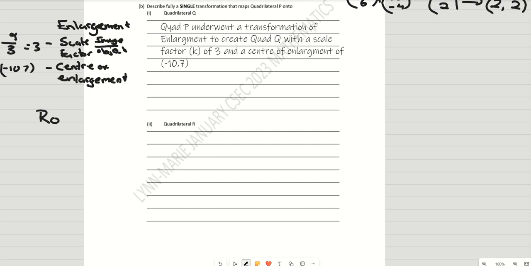For rotation, you need to know the center of rotation. I'll teach you how to get that. Number 2, the direction of rotation. That means if it went clockwise or anti-clockwise.